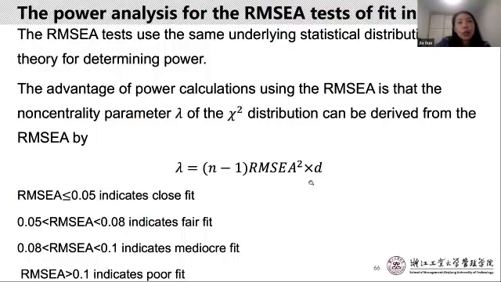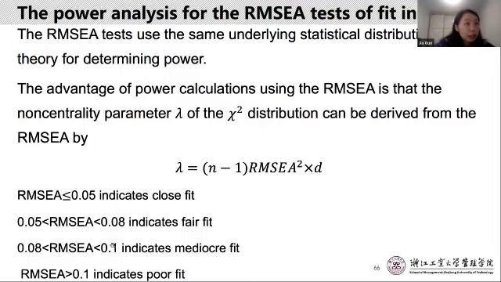In this formula, we can say lambda is positively associated with the RMSEA. And we know that RMSEA is a measure of the discrepancy per degrees of freedom for the model.